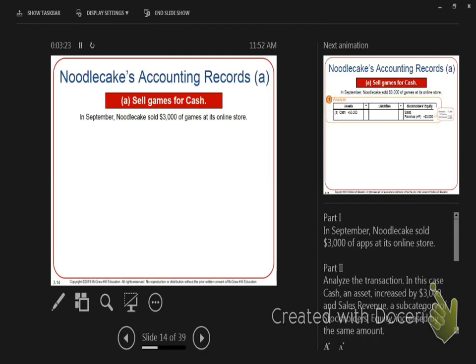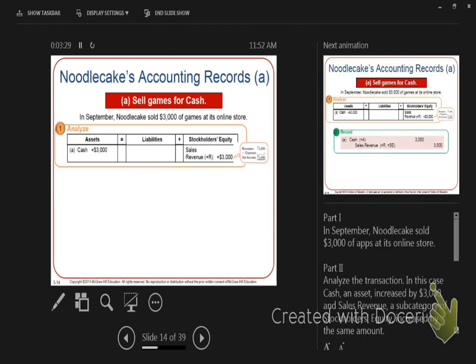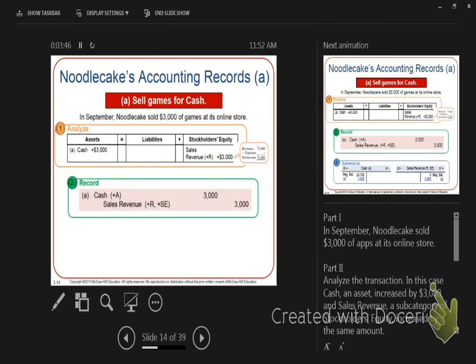Yes, because we're in the business of selling apps or software. So if we sold those games, then we made money. So this is where you're going to see the revenue and expenses over here on the right to stockholders' equity. So cash and sales revenue. And it's sales revenue because we could have had some type of cost. We're not selling a service, we're selling a game. So the journal entry is going to be a debit to cash and a credit to sales revenue.